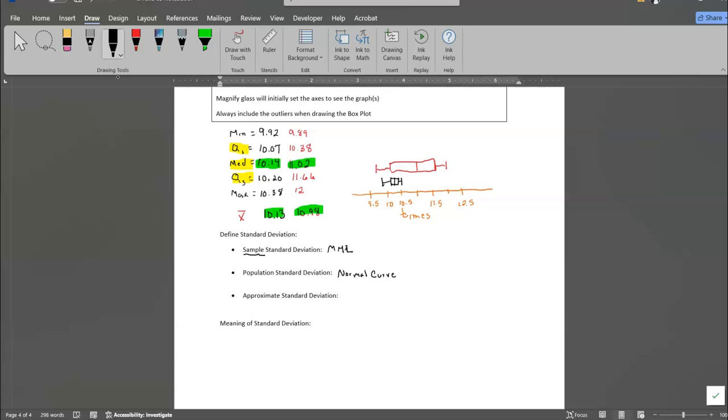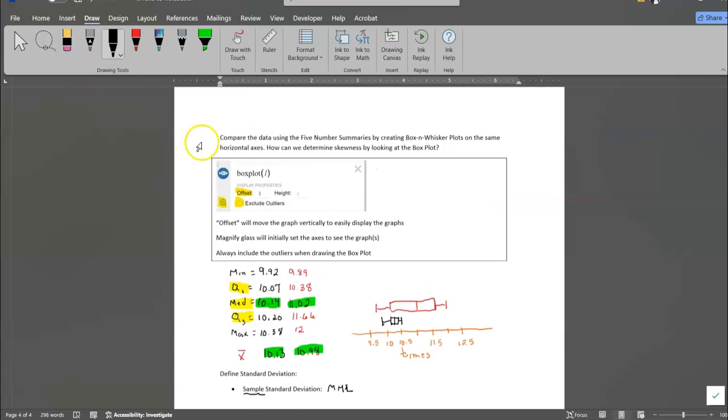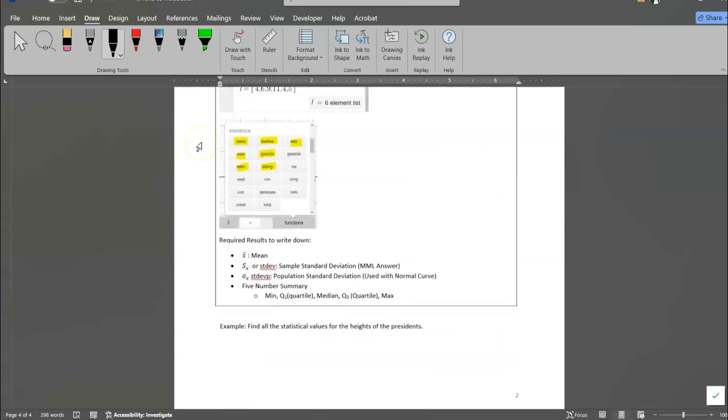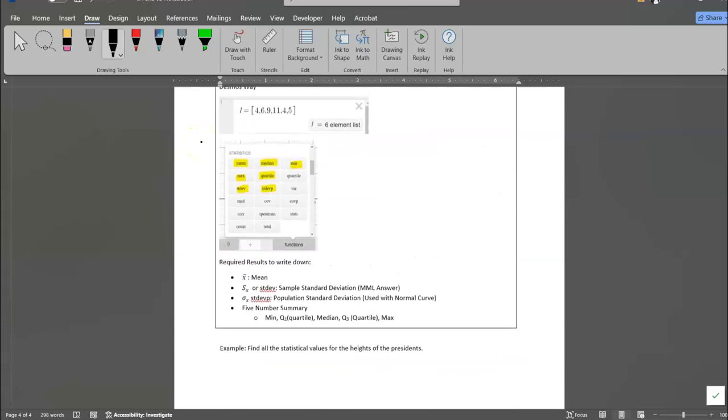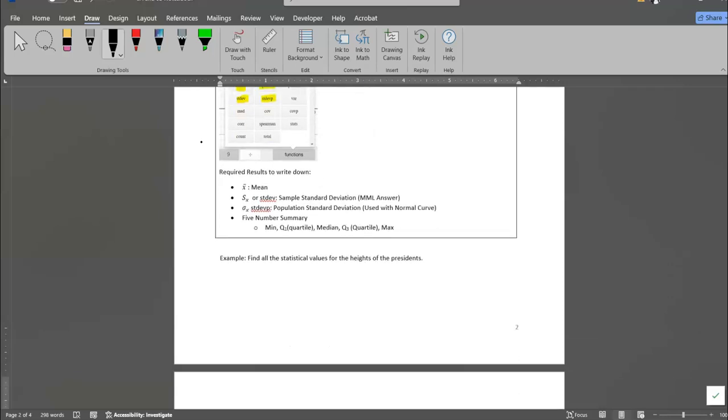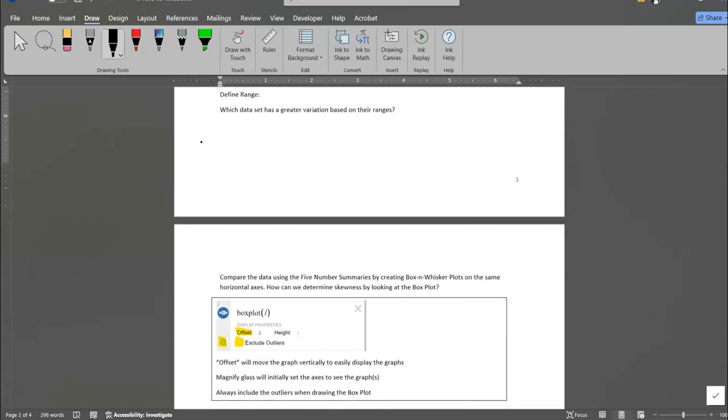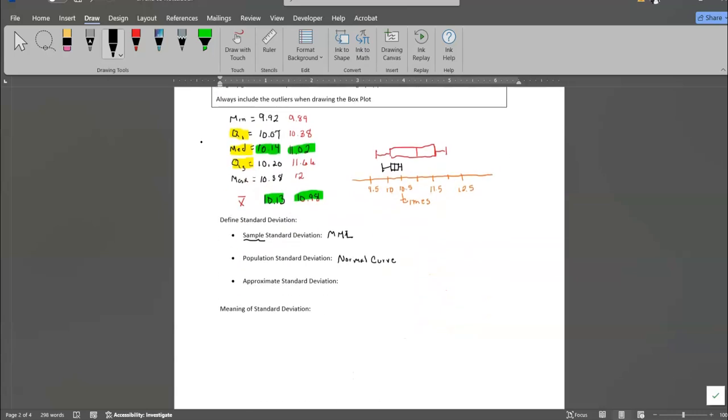Also, the symbol for standard deviation, if we go back to the notes, is SX for the sample standard deviation, and the population standard deviation is the lowercase sigma Greek letter.